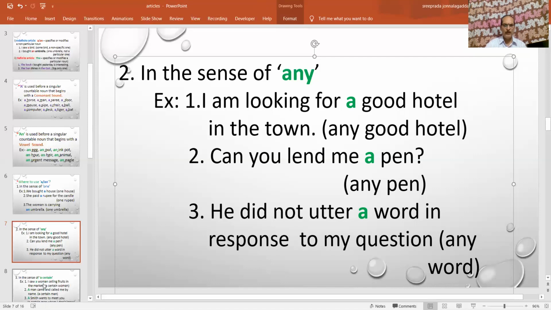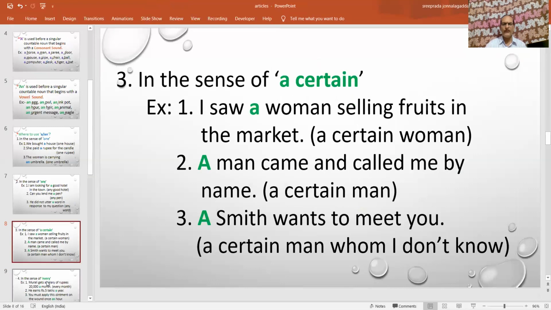In this way, we have to understand that the indefinite article "a" or "an" is used in the sense of one and in the sense of any. And number three, in the sense of a certain, not a particular one, an indefinite one. I saw a woman selling fruits in the market.